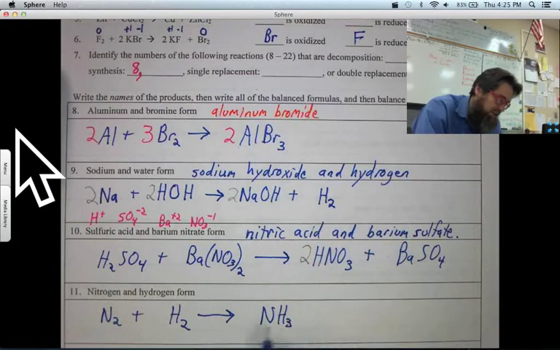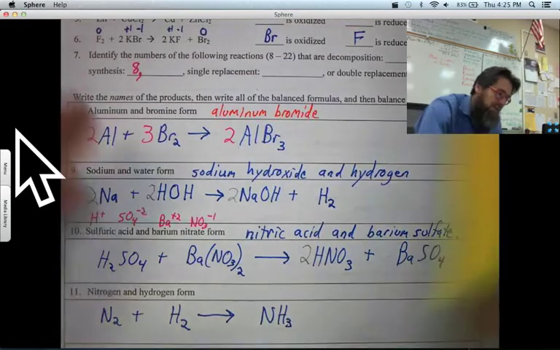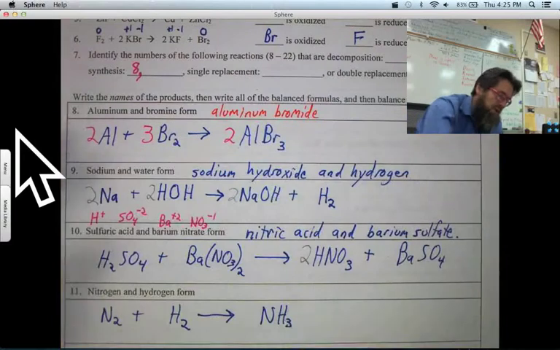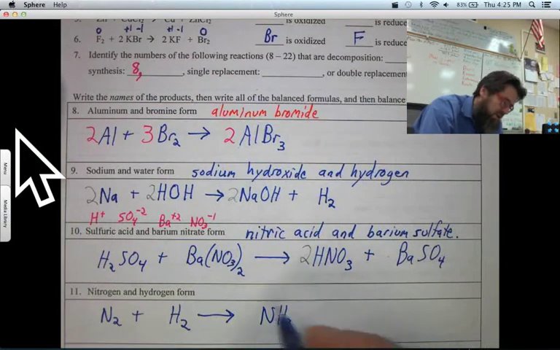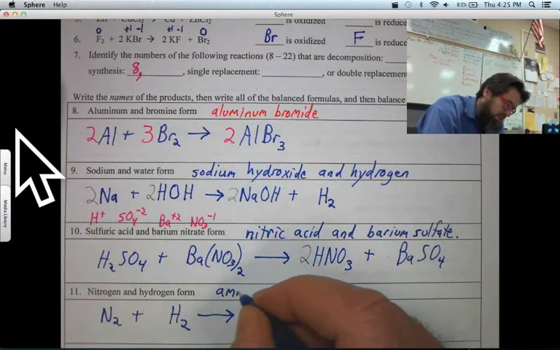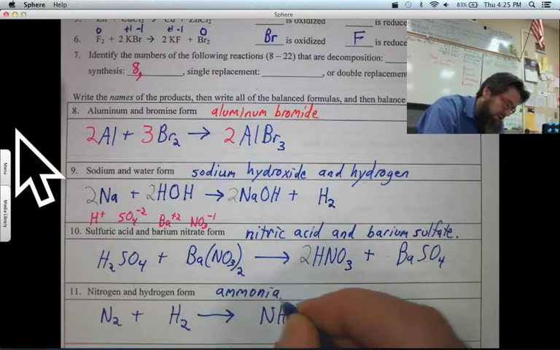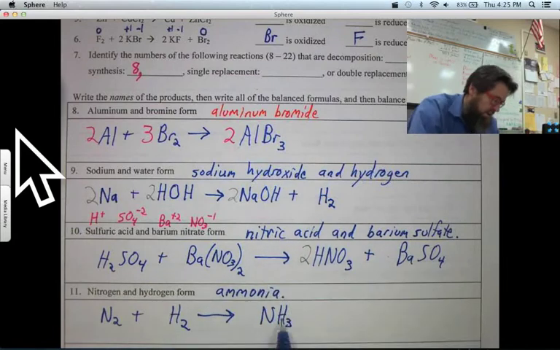We've got 2 nonmetals, so we just use the number of bonds they form. Ammonia is what that's called, a weak base that we memorized the formula of.